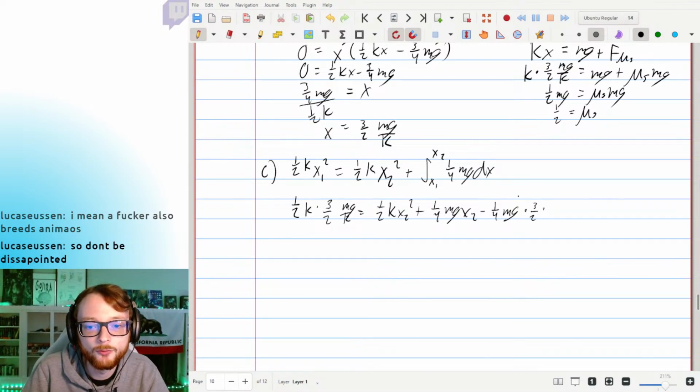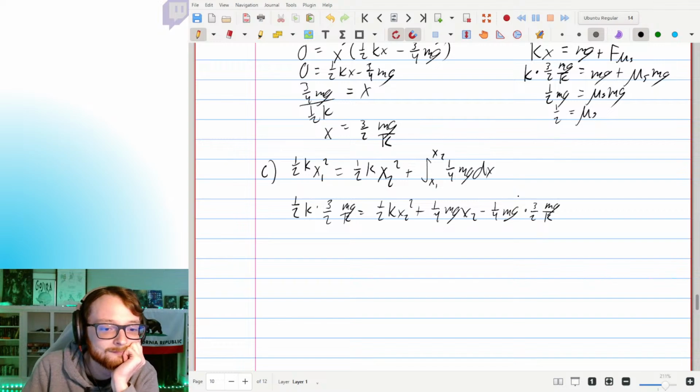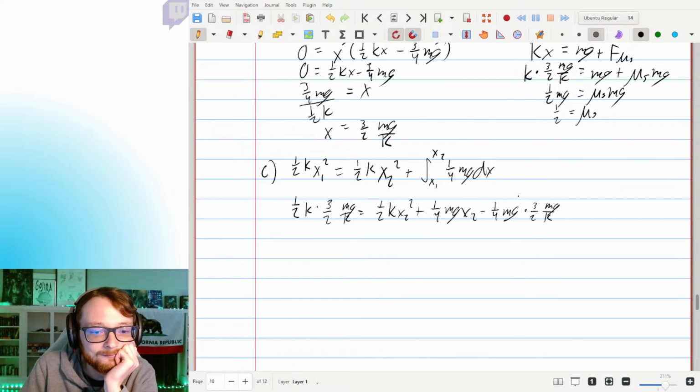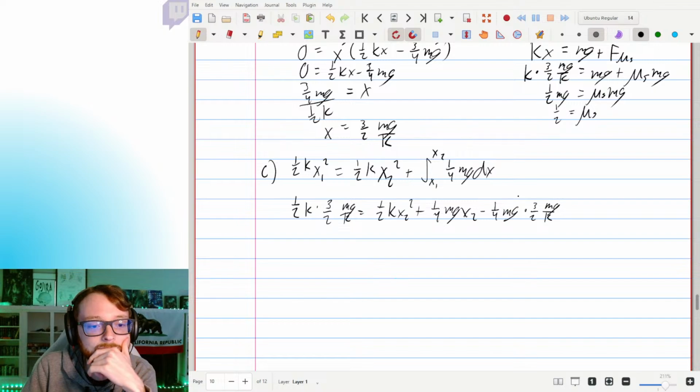Then x1 is 3 over 2 mg over k. This looks even more disgusting, if I'm being honest. Let's just go through with it, though.